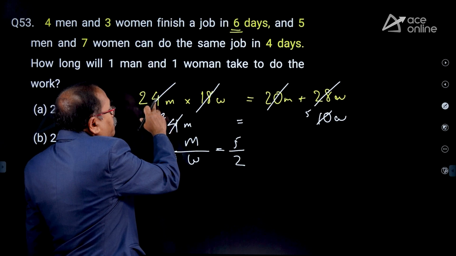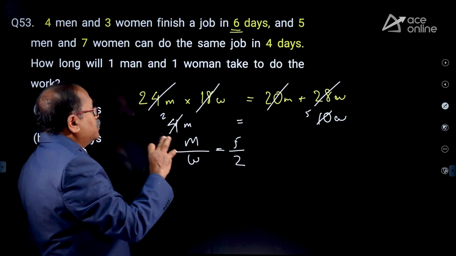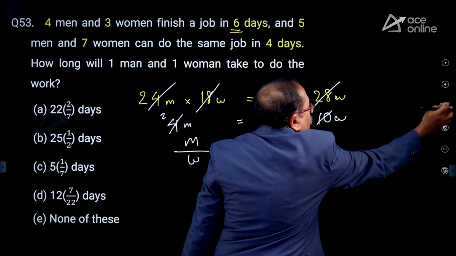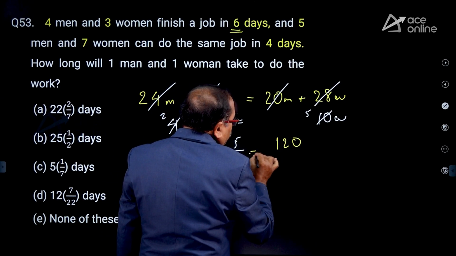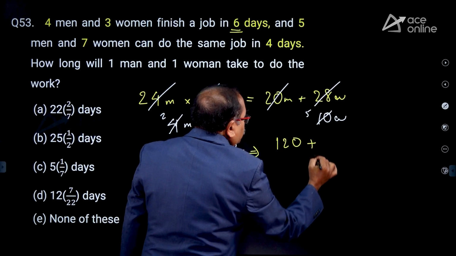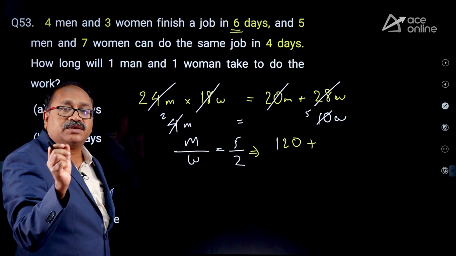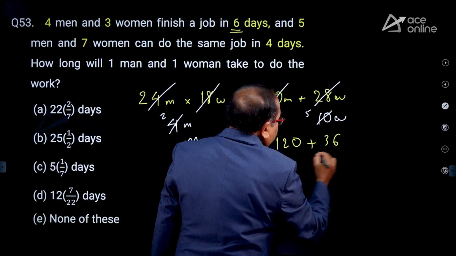But here as 24 men are there and each man has efficiency of 5, then 24 into 5, that's 120. So let me take this 120 plus, what is the work over here? The 18 women and each woman has efficiency of 2. Then 18 into 2, that is 36.